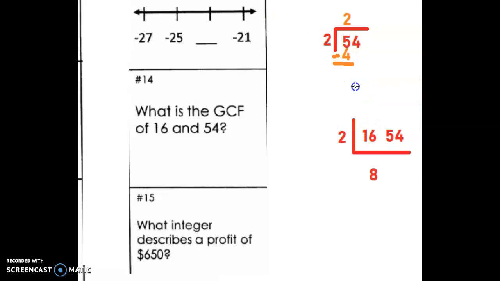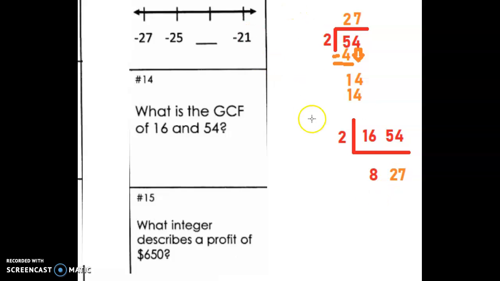Sometimes math is a little bit messy, that's why we have to keep it organized. All right, 1. I bring down my 4, so it's 14. And how many times can 2 go into 14? That is 7. So this becomes 14, cancels each other out. 14 minus 14 is 0, so that's my answer, 27. So now I know 54 divided by 2 is 27.